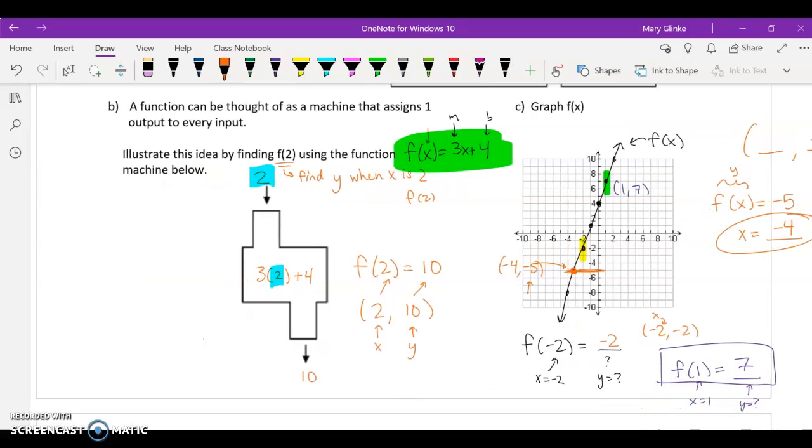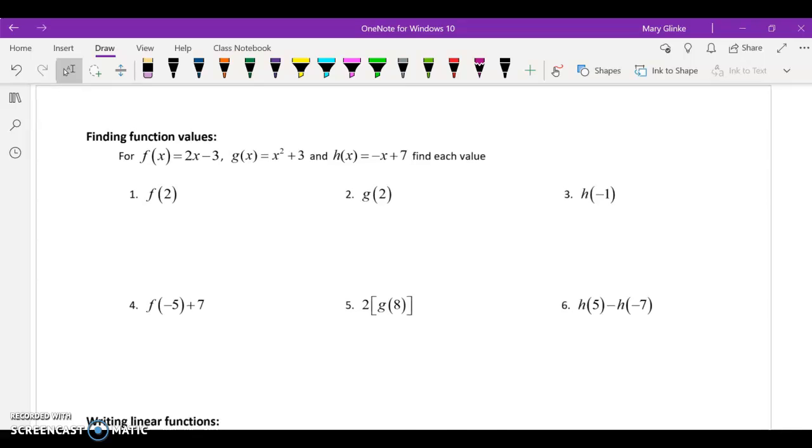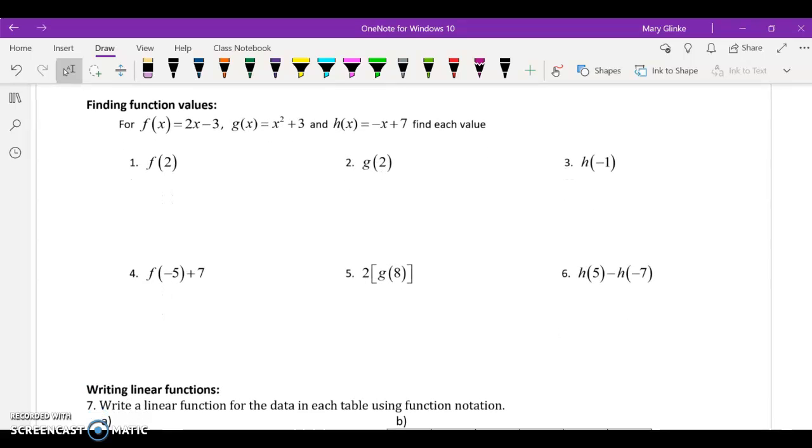Let's see how we can use function notation to algebraically solve for things. So notice here I actually have 3 different names of functions. I have f, I have g, and I have h. So we're naming them different things because we have different rules that we are using. So when I look at number 1, it is saying go to f. So I want to make sure I'm using this rule here and plug in 2 for my x value.